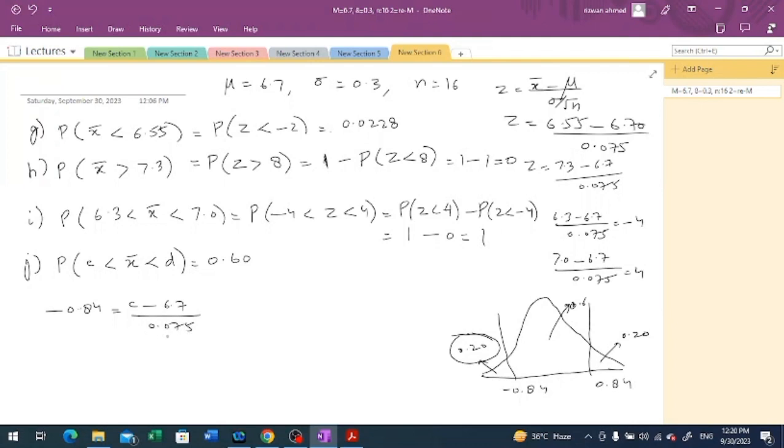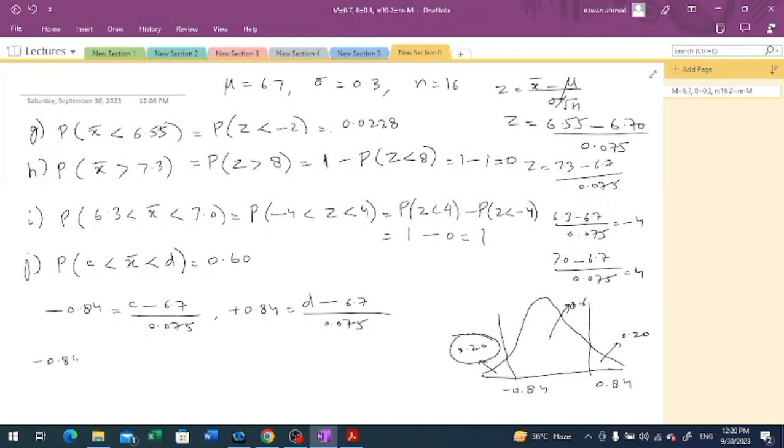Now again we will divide by the standard error instead of the standard deviation. For the upper bound, our working should be 0.84 with a plus sign equals D take away 6.7 divided by 0.075.